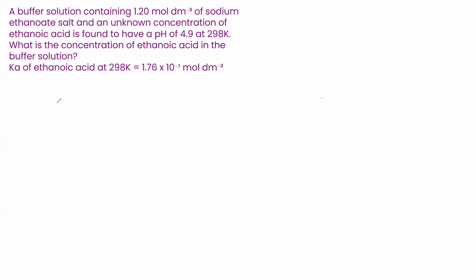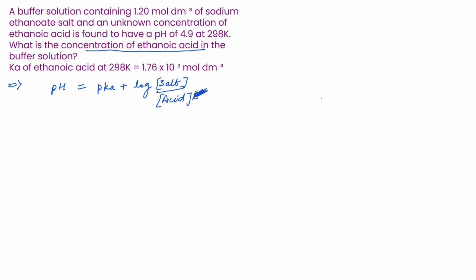Basically, use this equation again: pH of a buffer is equal to pKa plus log of salt divided by acid. So we have to calculate this concentration of ethanoic acid, so we have to find this value.